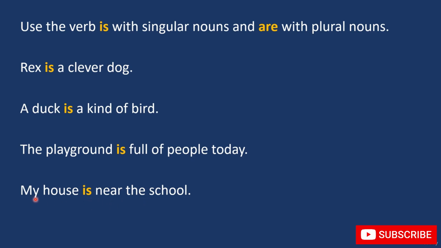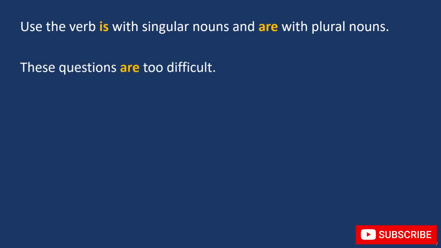If I say our houses are near the school, I think it's very simple and important at the same time. These questions are too difficult. Here I have a plural word, questions. So I say questions are. If I say this question is too difficult.